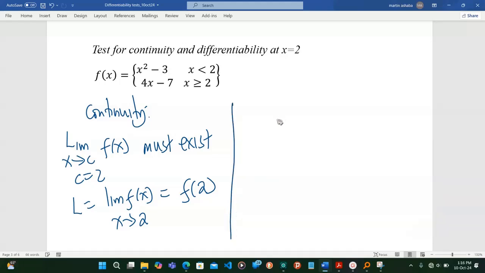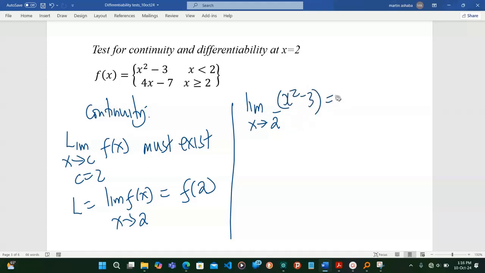So let's proceed and look for this limit. Since this is a piecewise function, we are going to approach x equal to 2 from the left and from the right. So let's take the limit as x tends to 2 from the left of f of x, which is x squared minus 3. What will this value equal?